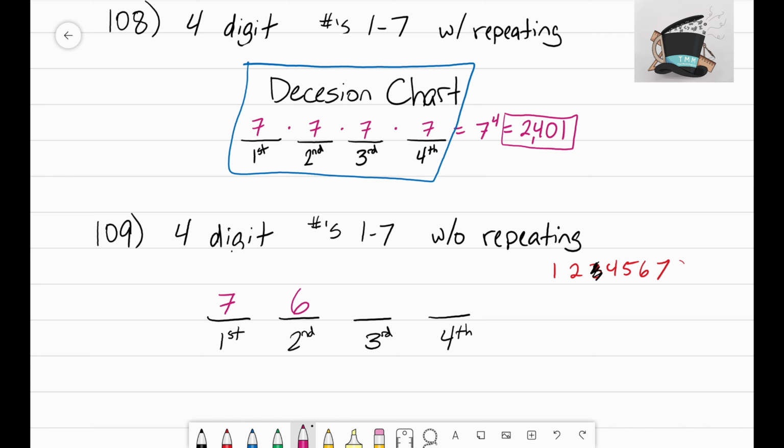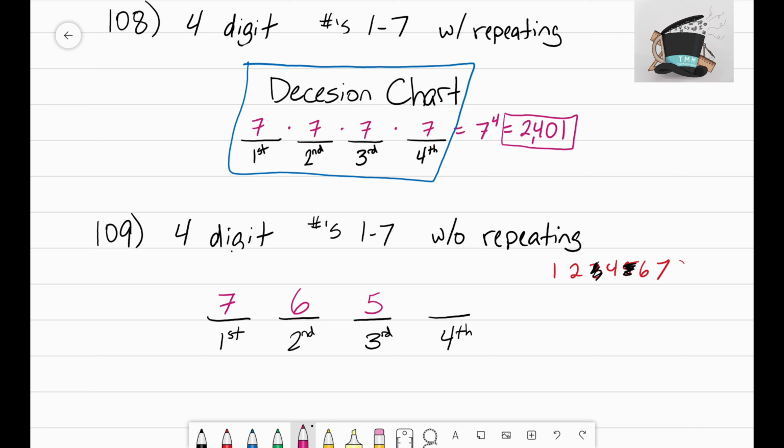And this same thing is going to happen when I move to the third digit. Let's say for the second number I had chosen, number 5. I can no longer choose a 5, and I still can't choose a 3 again. So that means for my third digit here, I only have 1, 2, 3, 4, 5 numbers to choose from.